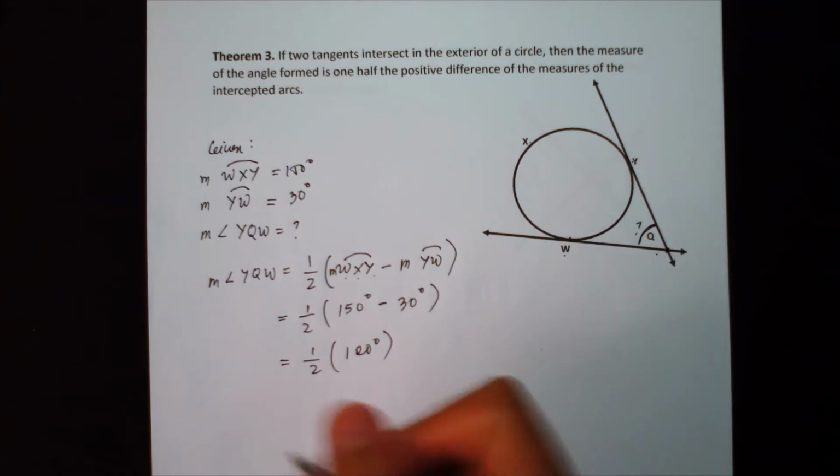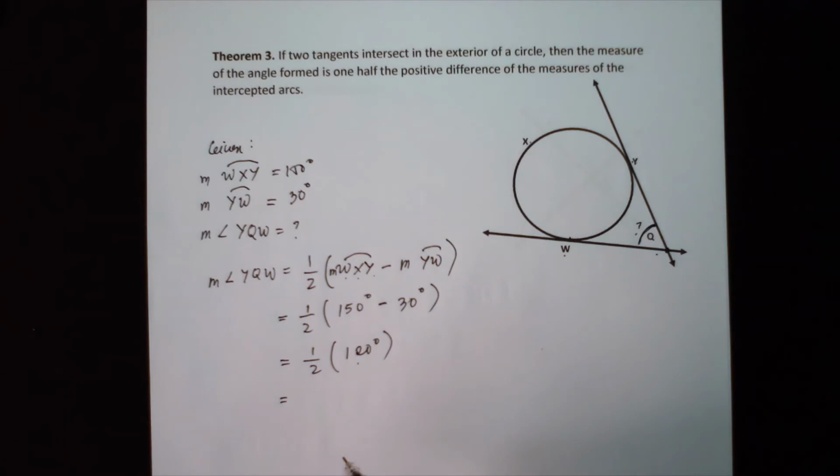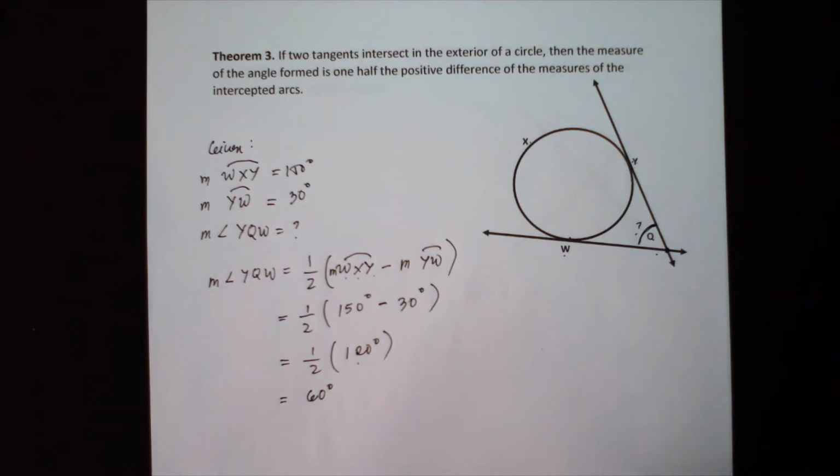So 1/2 of that, 120 divided by 2, will be 60 degrees. So that is the measurement of angle YQW.